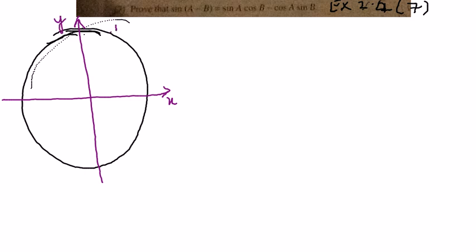Otherwise, the diagram, the approach, everything is similar. Okay, so let's start with the diagram. So I am drawing a circle, marking the x-axis and y-axis, marking 2 points P and Q on the circle with origin O. Okay, so let's draw line OP and OQ.